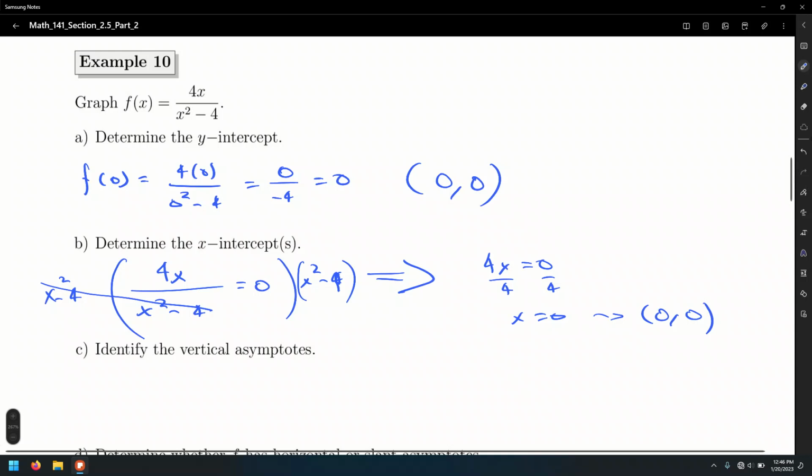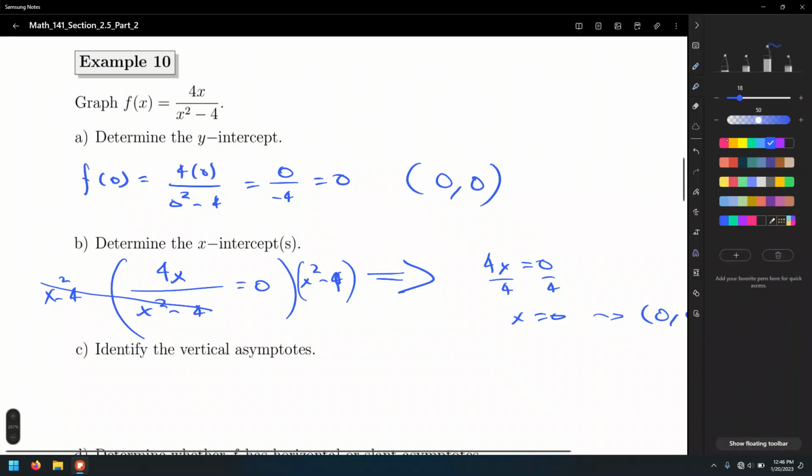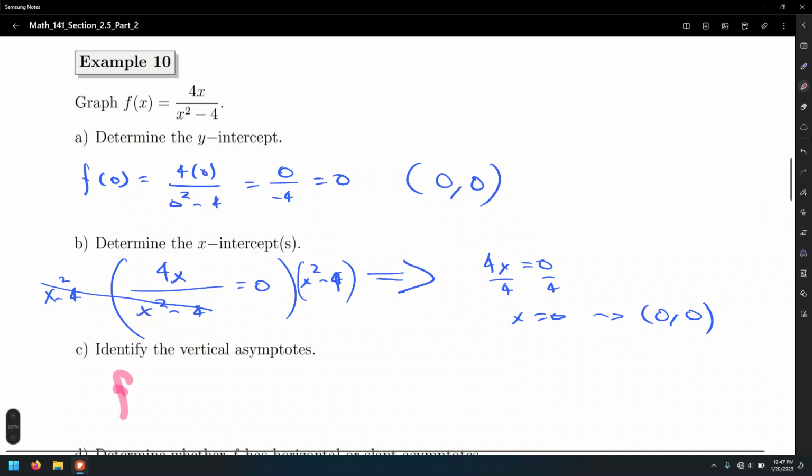What's next? Vertical asymptotes. Here's where we focus on the denominator of the rational function. In this case, f of x equals 4x over x squared minus 4. Focus on the denominator: x squared minus 4 equals 0.